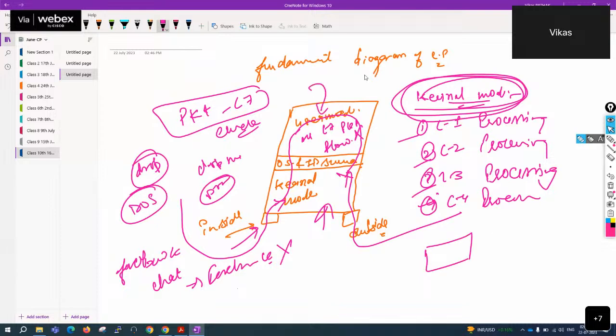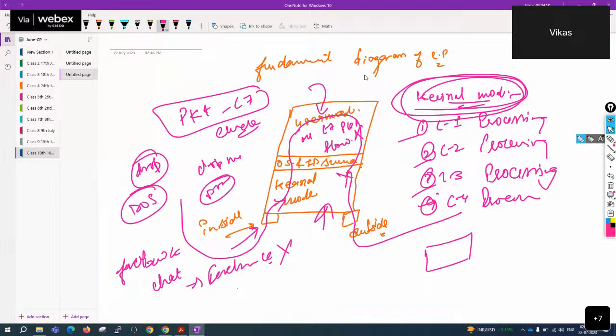Over there I can do the logging, I can see the live traffic going through the firewall, and on the basis of it I can take the decision. Make sense or not? That's the reason Checkpoint says that when the DOS attack is happening, my kernel mode will be impacted, my user mode will not be impacted.